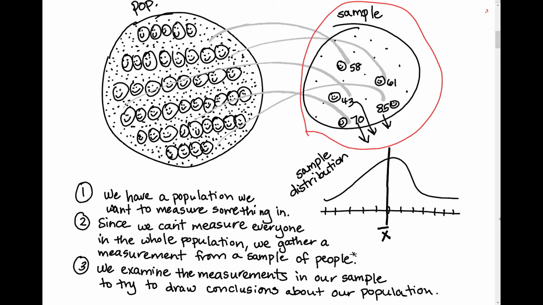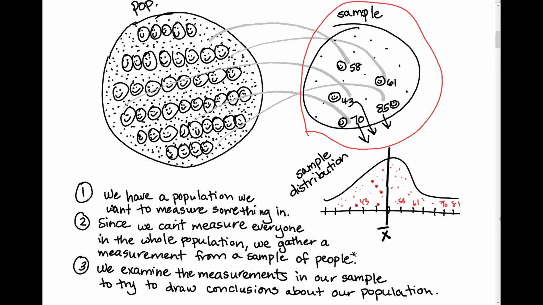So we look at that sample, and we can take each of those measurements and plot them out on our number line, as we've been talking about doing, and create our histogram where maybe this is a person with a 58, and we got a 61 over here, and there's a 43, and there's a 70, and 85, right? We plot out those scores and see how they stack up in our histogram. We look at that shape, and we try to understand what's going on in our sample.